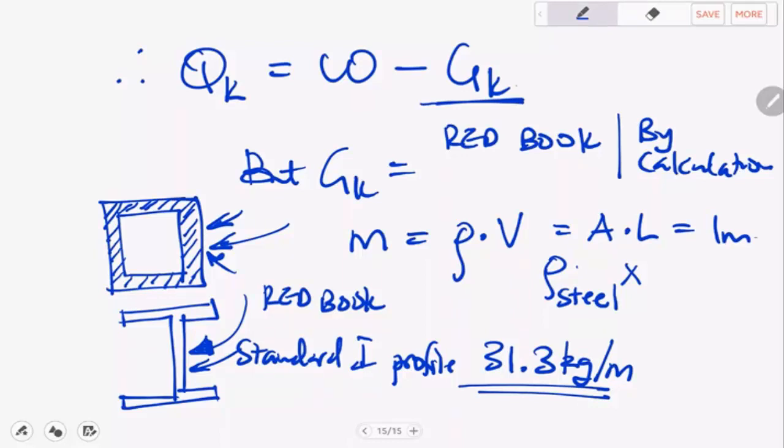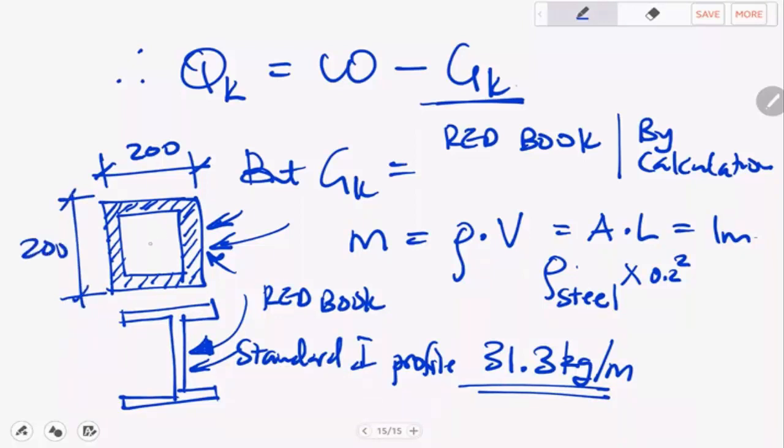So this is going to be 0.2 squared. Why am I saying 0.2? I just want to convert it to square meters. So this is 200. This is 200. And we say this one is 188. So to convert this to meters, this is going to be 0.2.